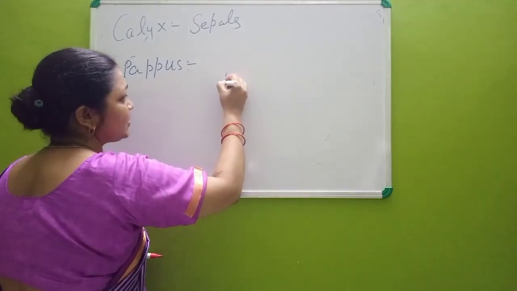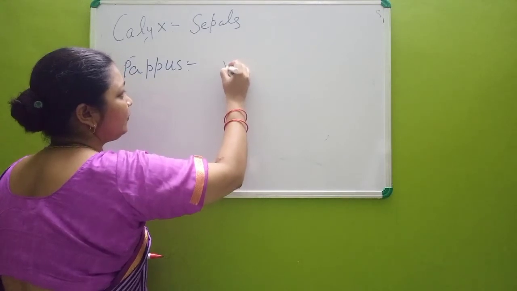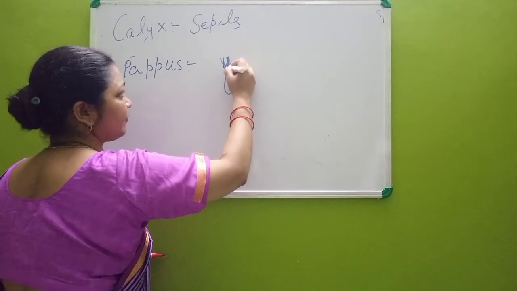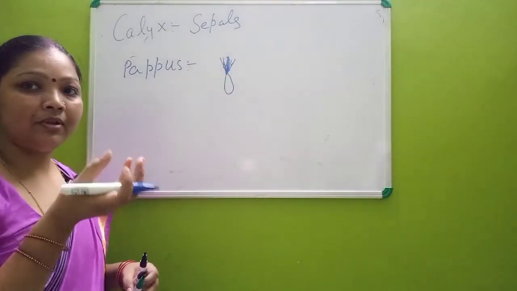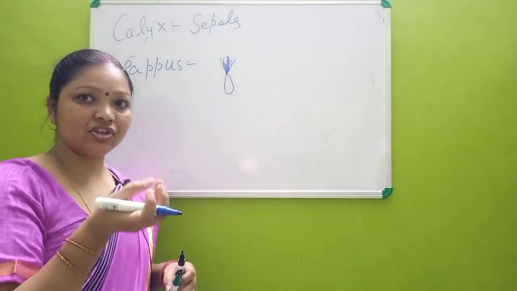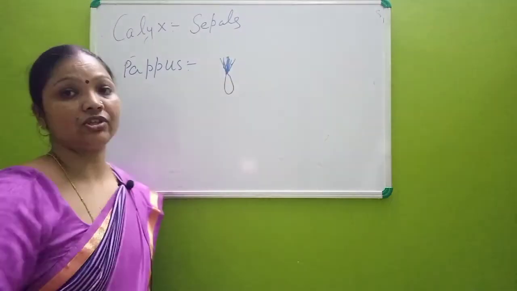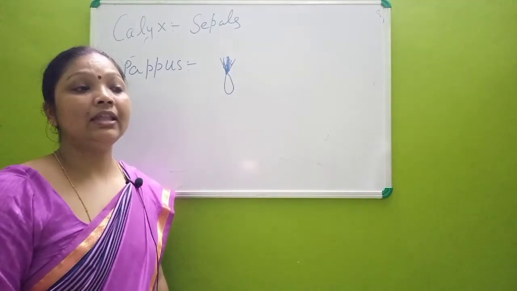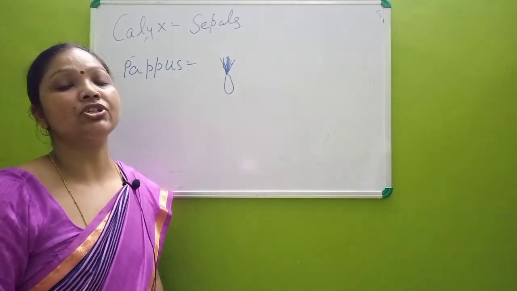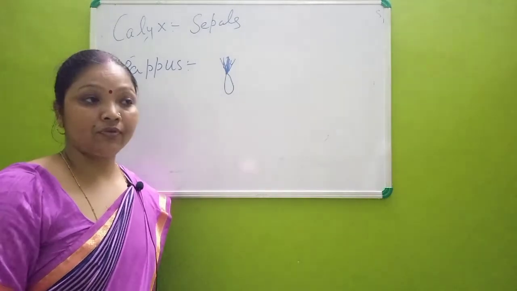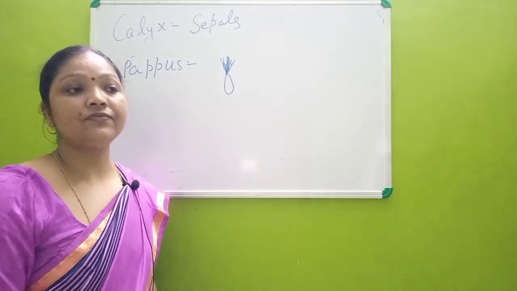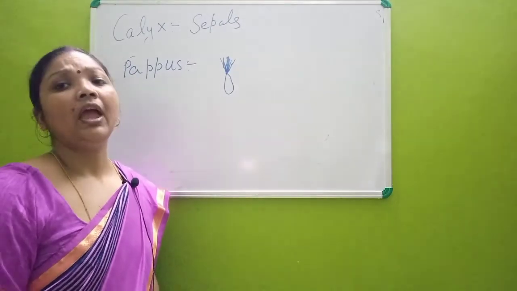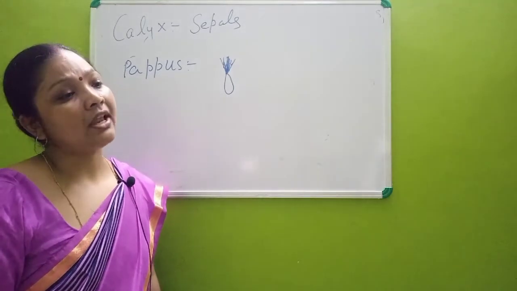For example, this is the ovary, and a tuft of hair is present here, which you will see in sunflower. This is the pappus, and this helps in the dispersal of seed or fruit.